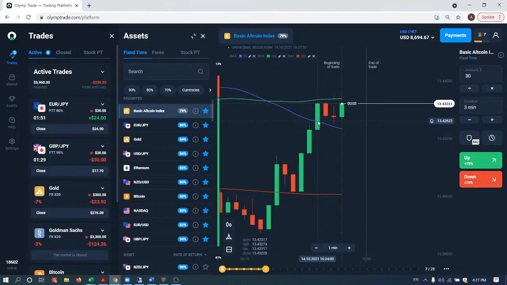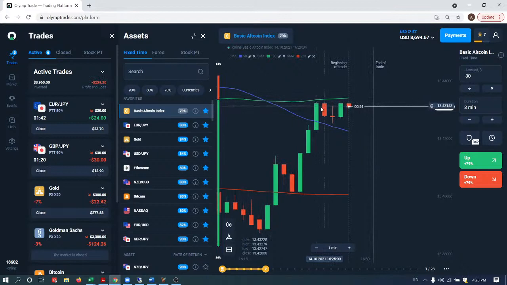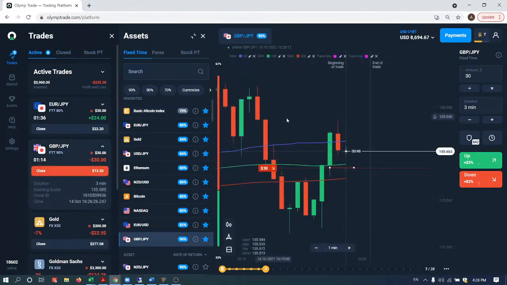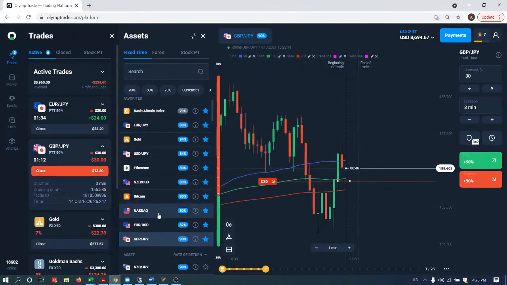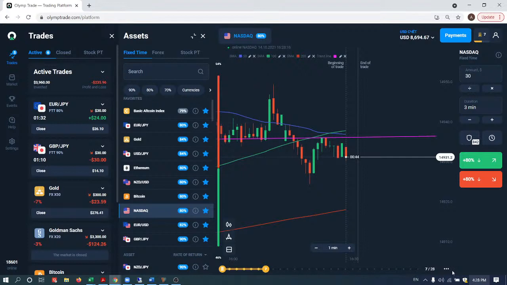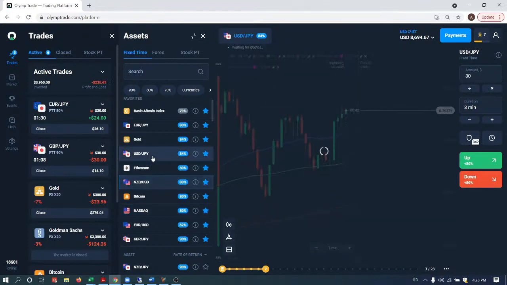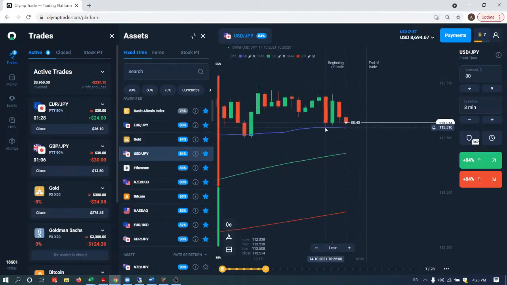So sometimes it might be like this. So this level is pierced, and then this second level, that's what actually stops the price from going further up. So yeah, that's the difficulty of such strategies.